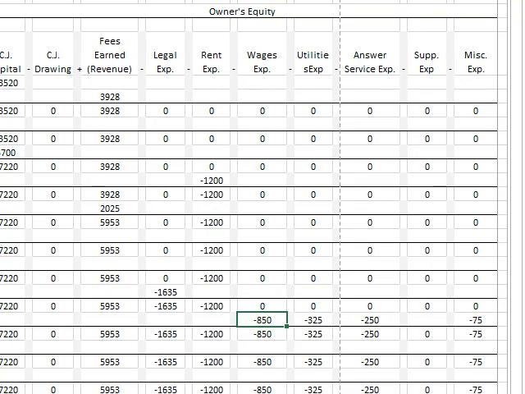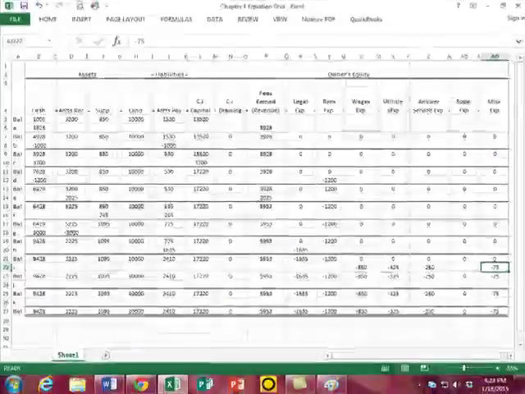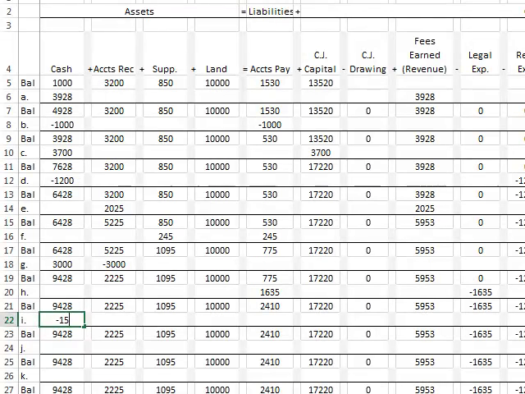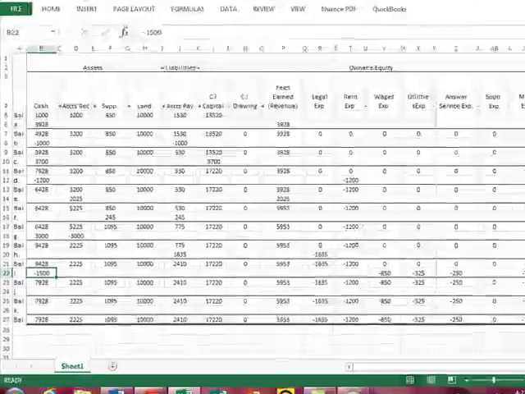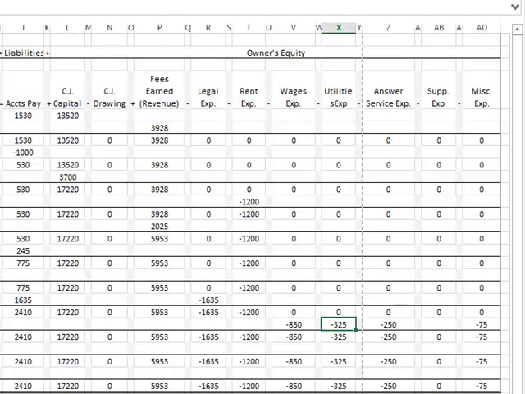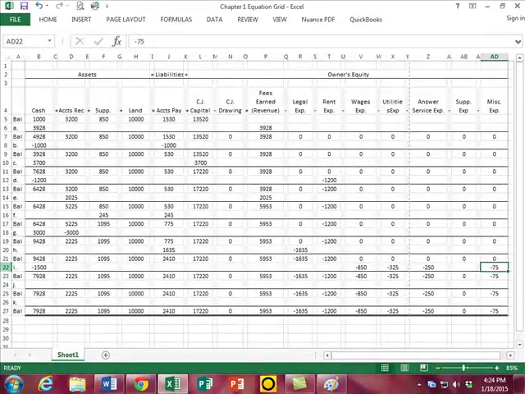So $850 plus $325 plus $250 plus $75 equals $1,500 that we're going to reduce the cash account by. We took $1,500 out of cash and we paid the wages expense, the utilities, paid for the answering service, and paid for some miscellaneous expenses.